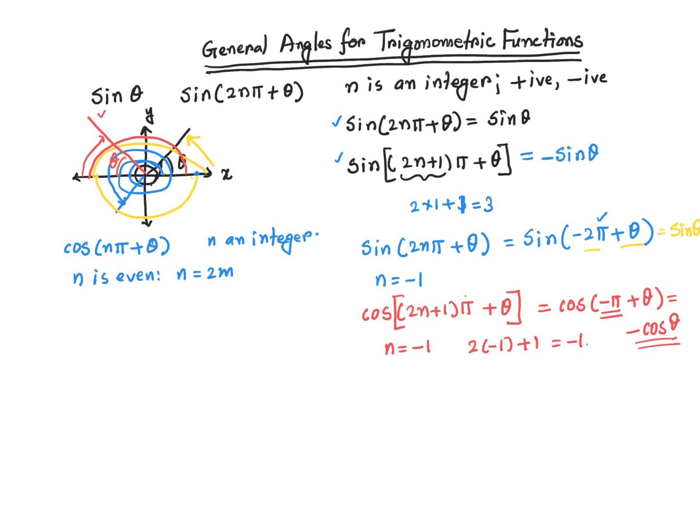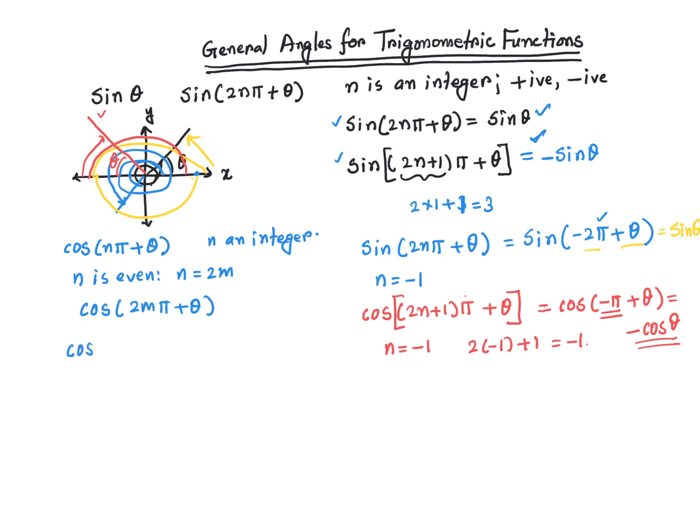If n is even, or n is equal to 2 times m, where m is another integer, in that case you will have something like this, cosine of 2m pi plus theta, and you can just go ahead and use this one. But if n is odd, then you can go ahead and use this one. However, there are scenarios where we have a kind of interesting situation that arises.